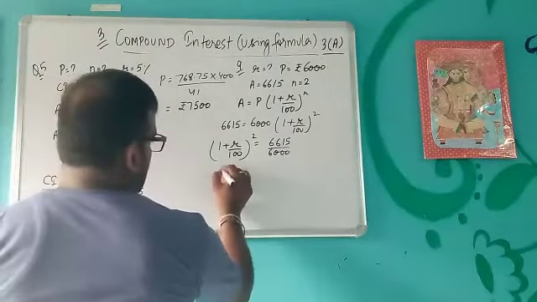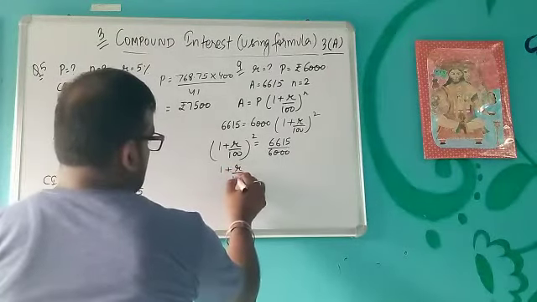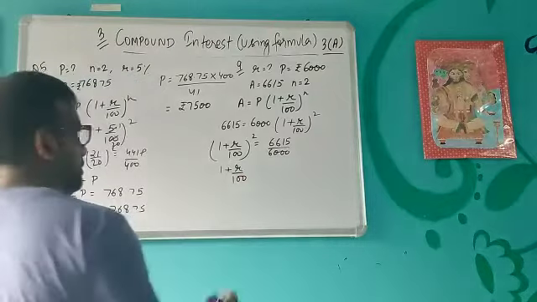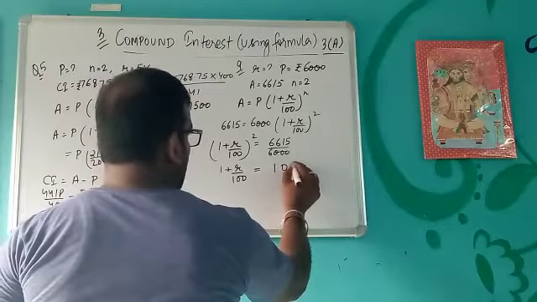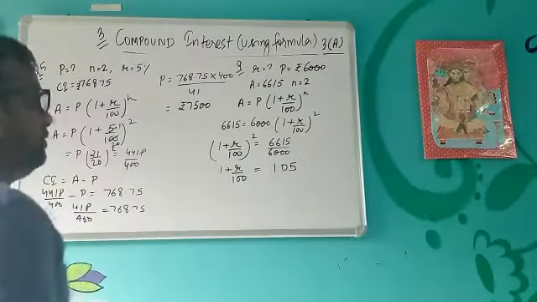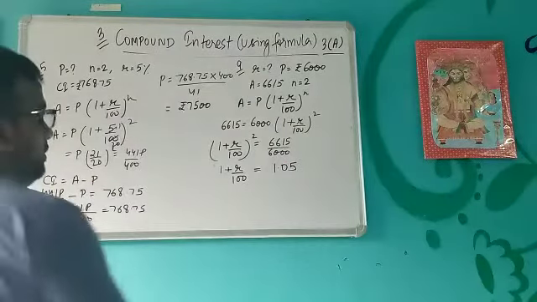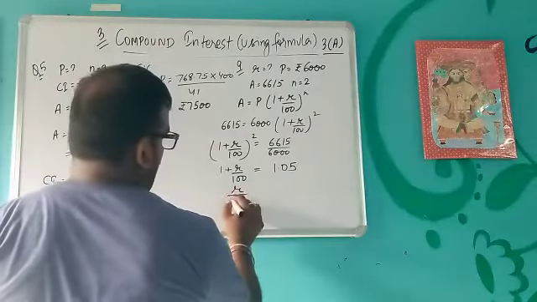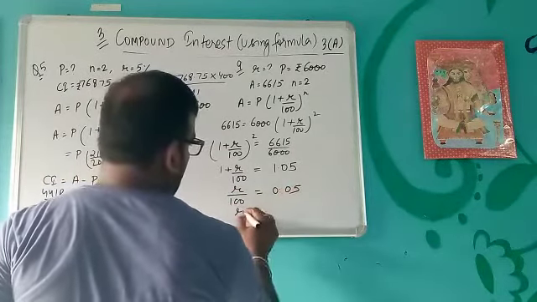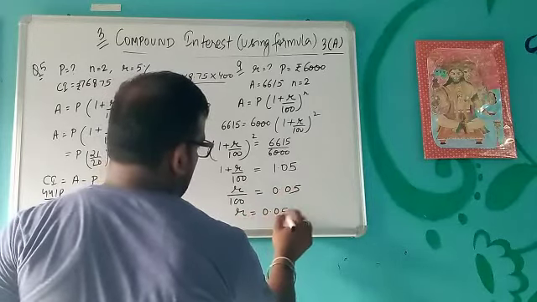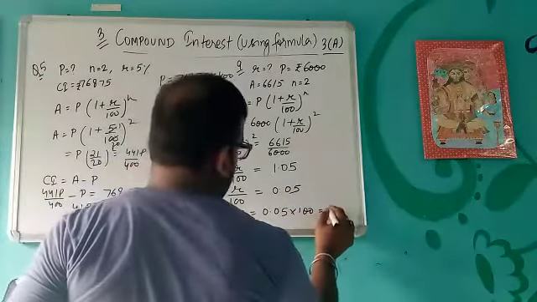When we take the square root, it will be 1.05. So from here we will get R upon 100 is equal to 0.05, and R is 0.05 into 100, that is 5%.